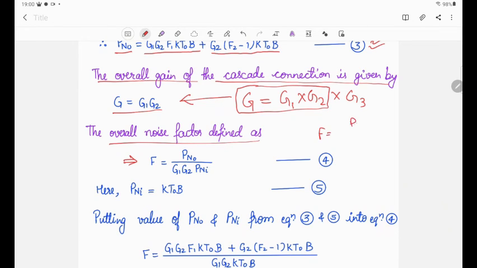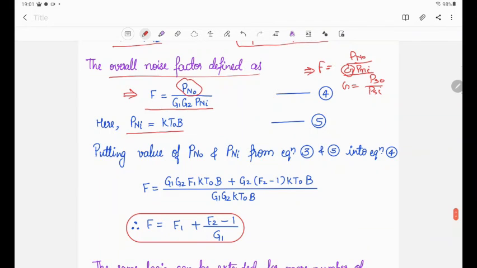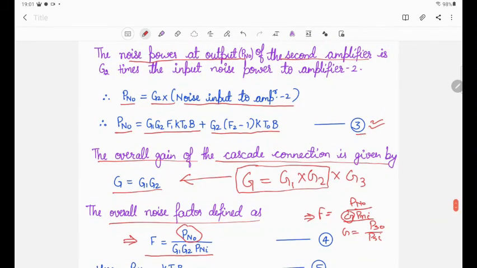F is equal to PNO divided by G PNI, because G is equal to PSO divided by PSI, which we replaced here. G is G1 G2, so F is equal to PNO divided by G1 G2 PNI. PNI is the input noise power, defined already as KT0B, and PNO is the total output noise power given in equation number 3.